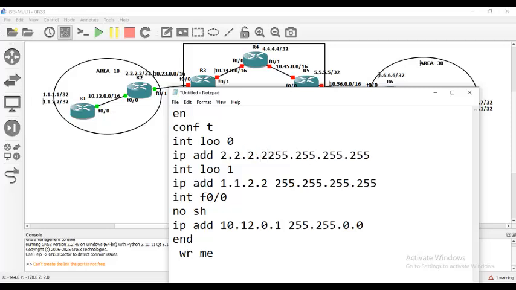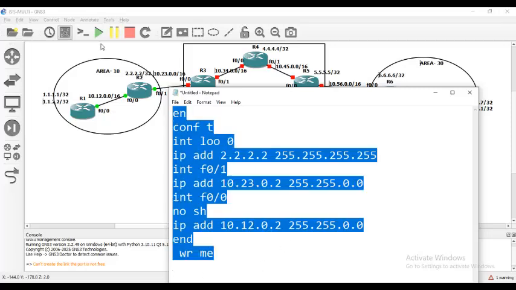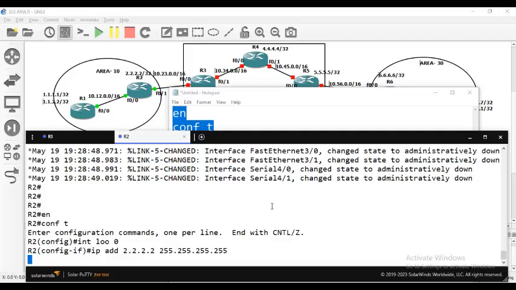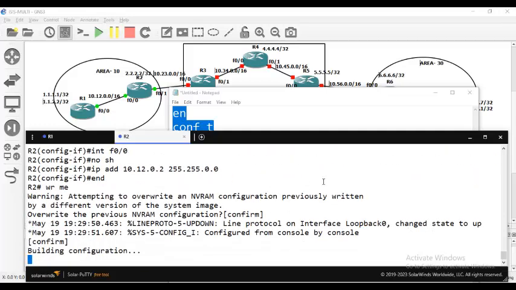Router 2 has got two physical interfaces. F00 will have 2. F01 will have router 3.